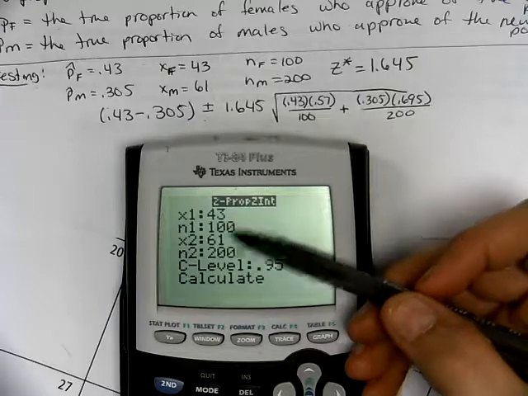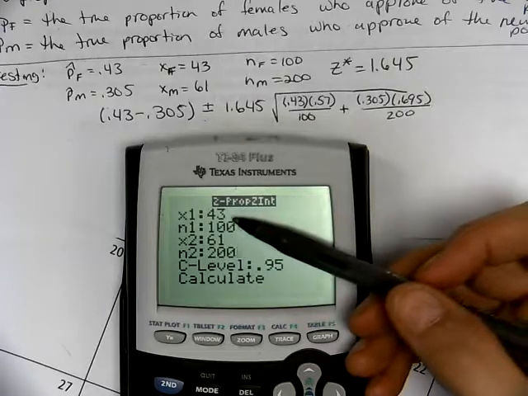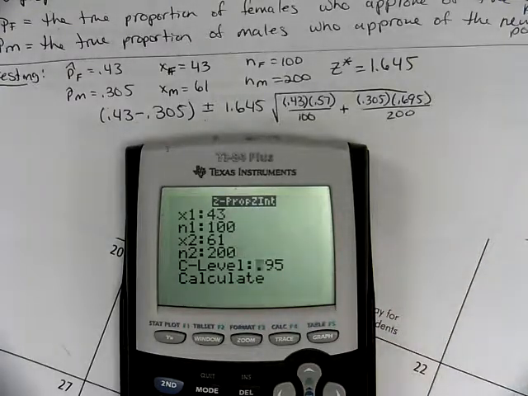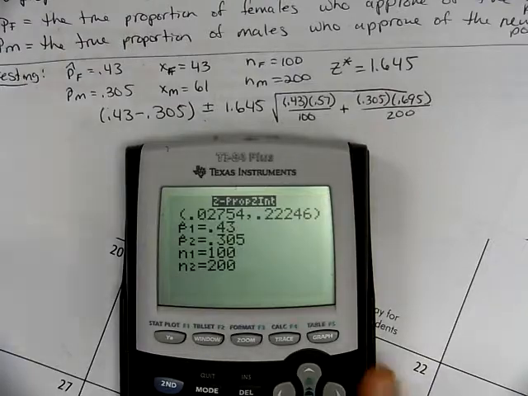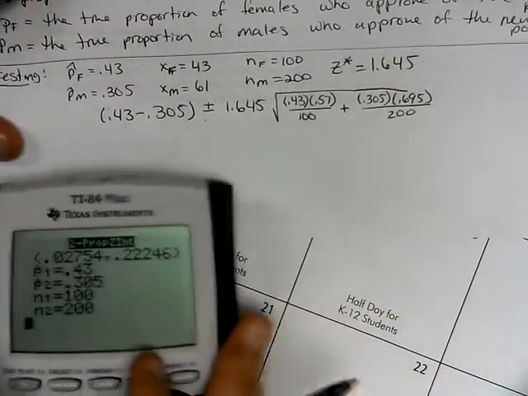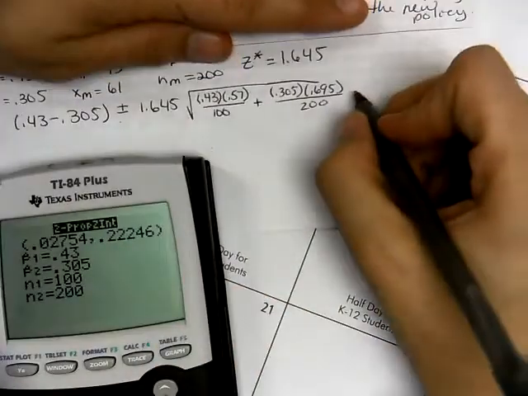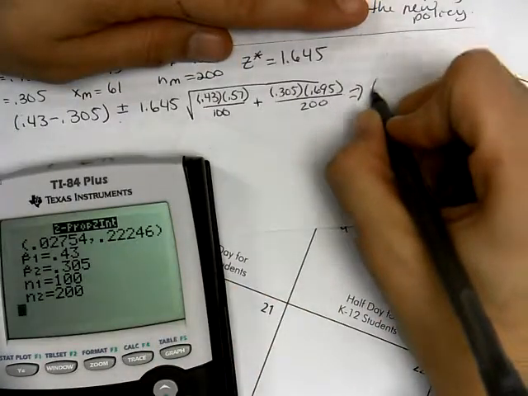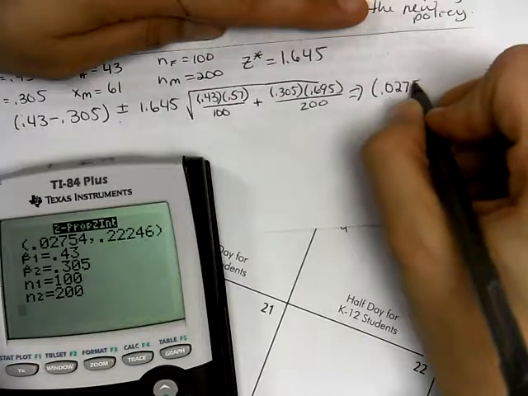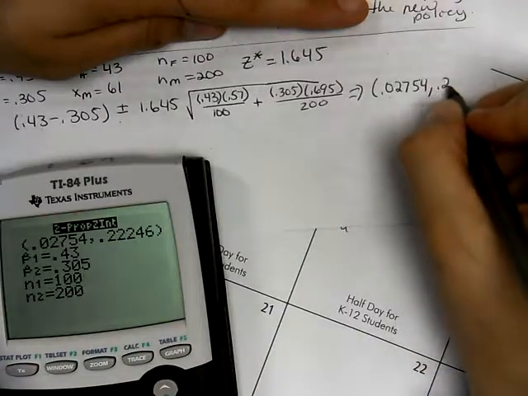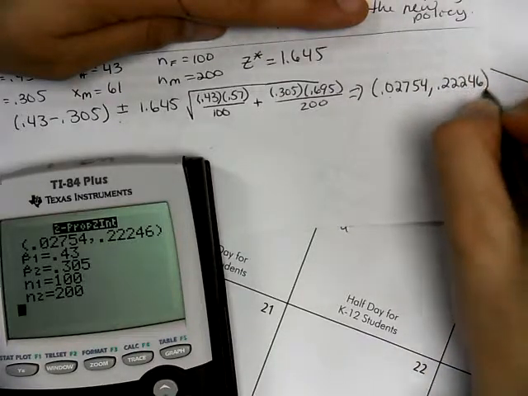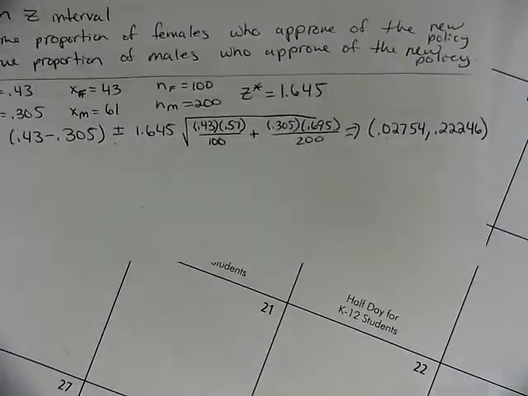So if it just gives you the proportion, you have to round up to the nearest person. And we're doing a 90% confidence interval. So if I hit calculate, there's my interval. I'm going to write it over here: 0.02754 to 0.22246.